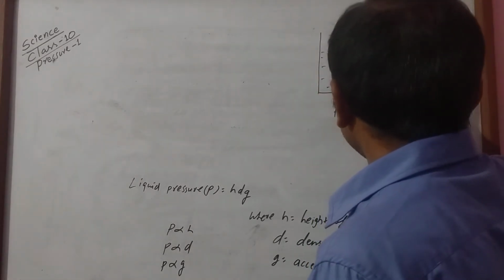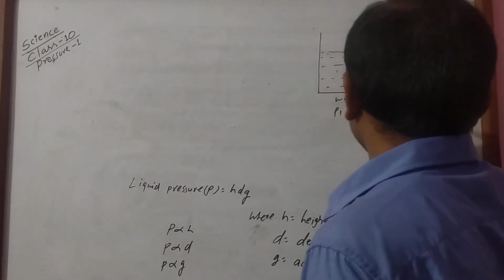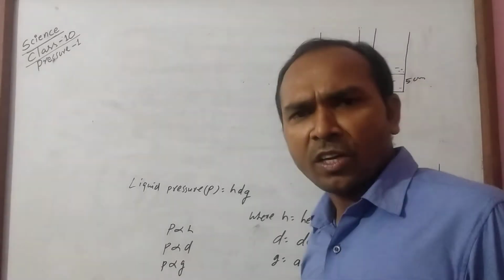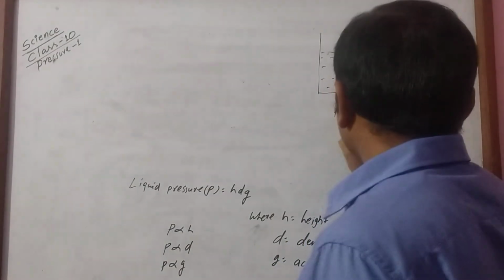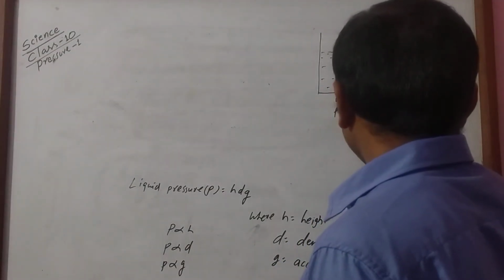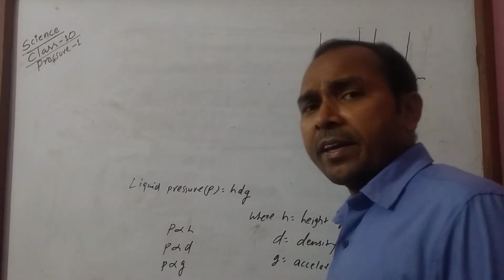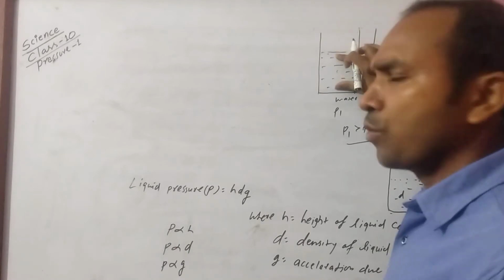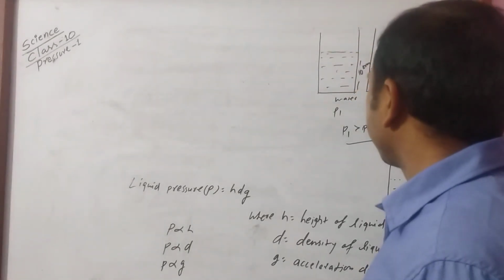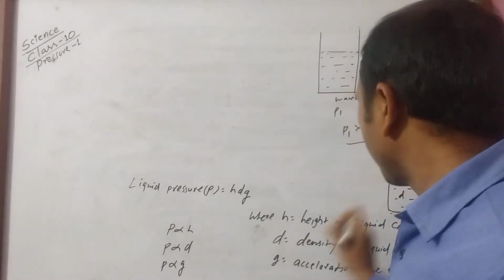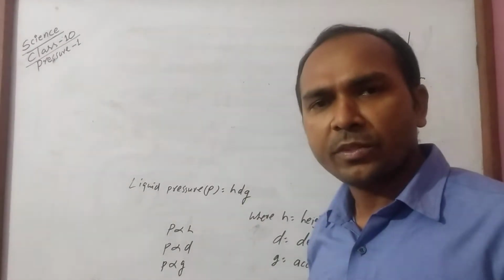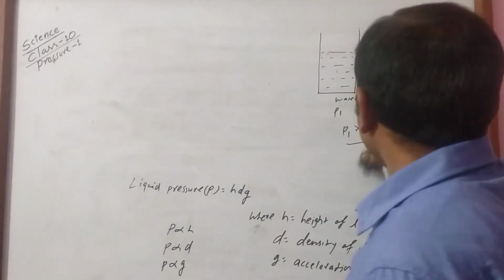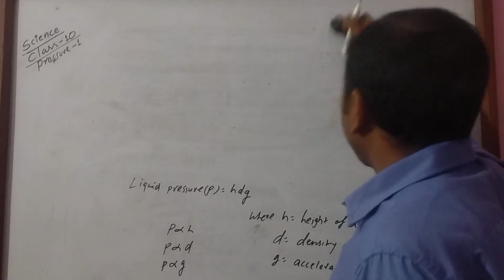Then we already know both are liquids, both are water, and both are taken on the earth's surface. Then pressure P1 is greater than P2. Why? Because the height of the water column is more in the first vessel than that of the second, and so P1 is greater than P2. In this way, the liquid pressure depends on the height of liquid column.